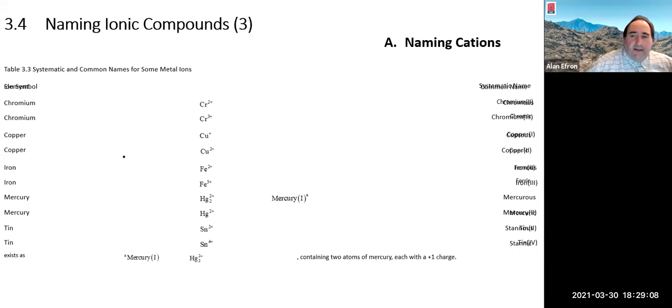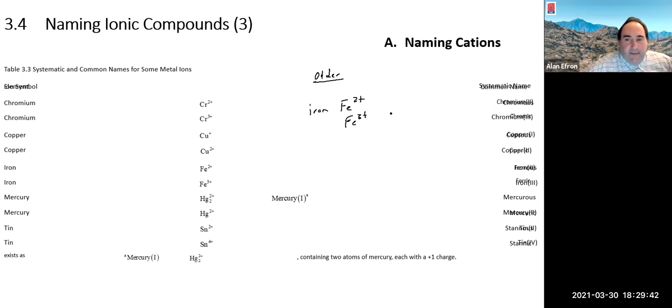Now, the slide got a little bit messed up, so I apologize about that. But there's a slide from your book here, and the purpose of this slide was to show you there's an older way of naming type 2 compounds. For example, something like iron, where it can have Fe2+ and Fe3+. Obviously, we would call this the iron 2 ion, the iron 3 ion.